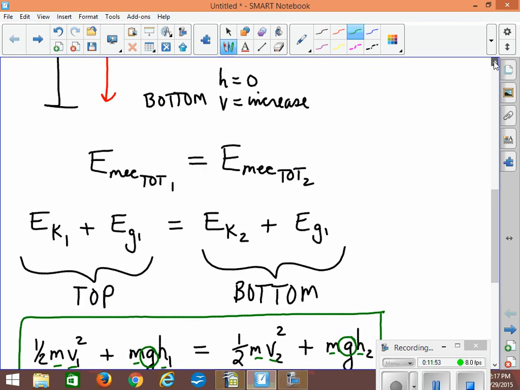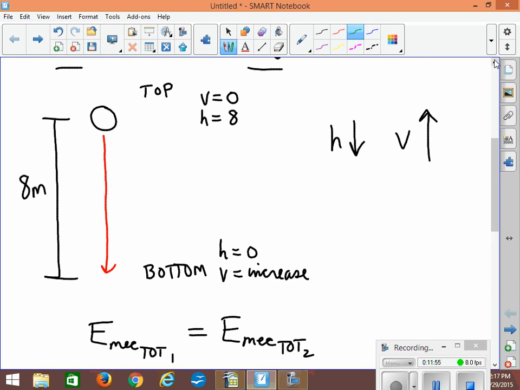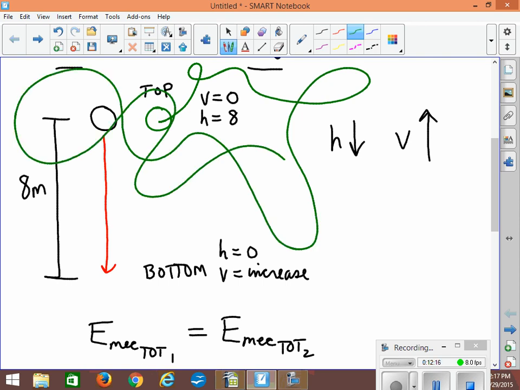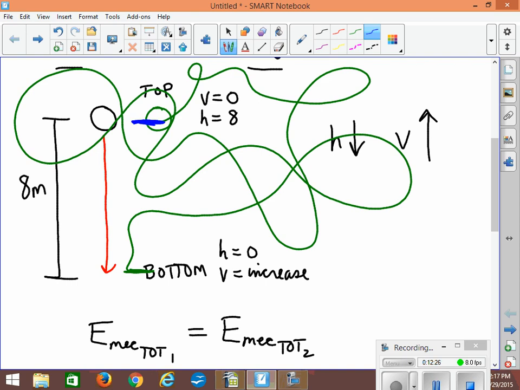And notice that mechanical energy is a scalar, and direction has no effect on it. For instance, if we didn't drop this ball, but if we had taken this ball with an initial speed of 0 and then somehow attached a rocket to it, and the rocket ship carried the ball over here and down and back up and then around over here and over here and over here and eventually dropped the ball somewhere down here, well, then the distance between its initial starting point and its finishing point is still 8 meters.